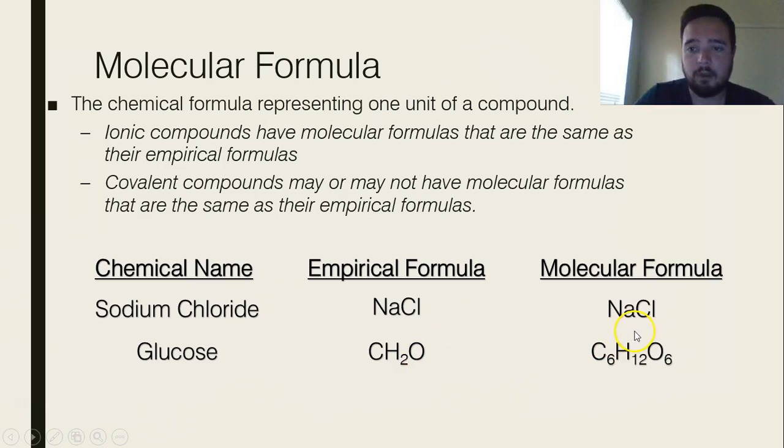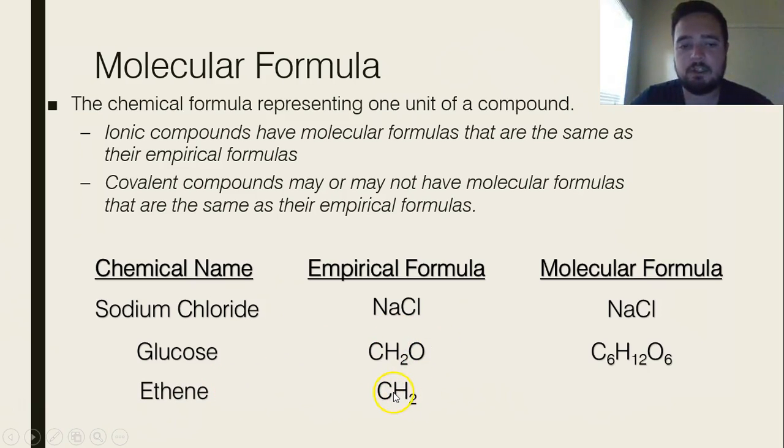The actual molecular formula for glucose is C6H12O6. But again, there's a common multiple of 6. So if I divide all these subscripts down by 6, that's where I get the 1, the 2, and the 1 here. So I can reduce these subscripts down to a simpler whole number ratio. If I was dividing them down and one of these subscripts became a decimal, then that wouldn't work. They have to be whole numbers.